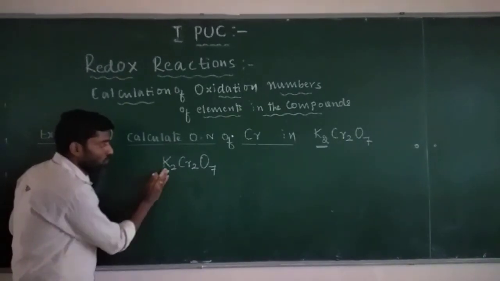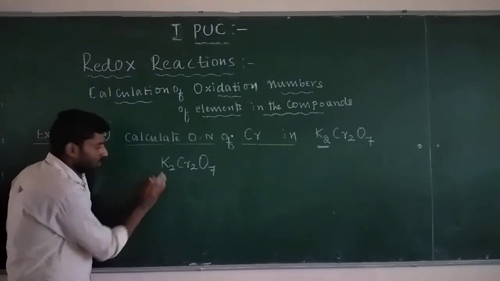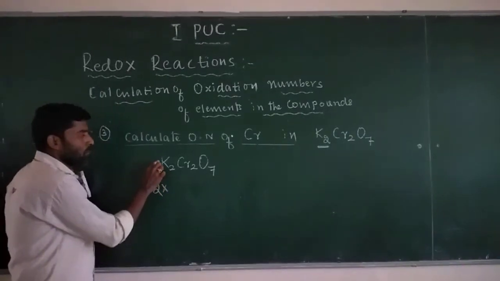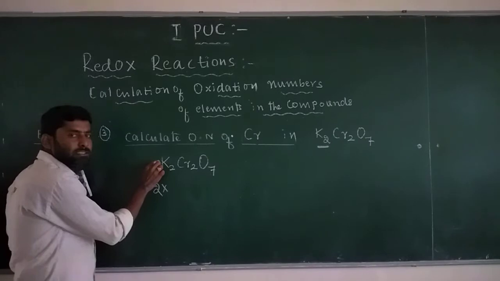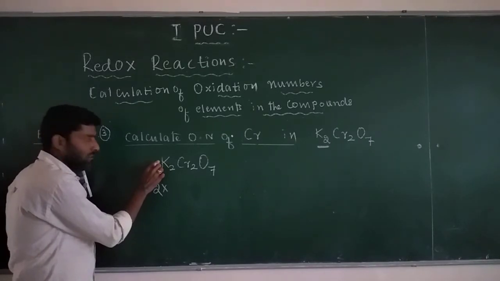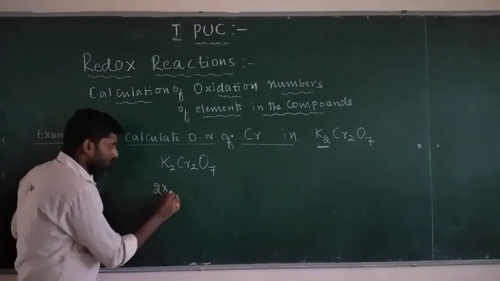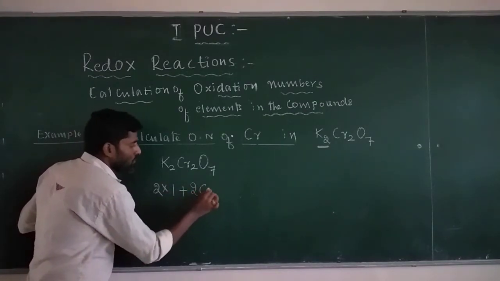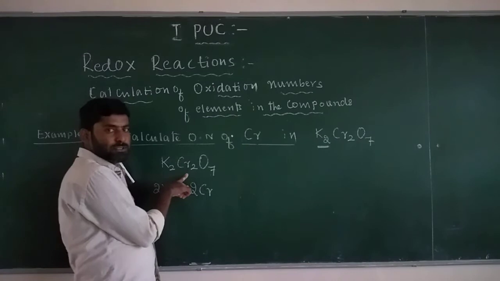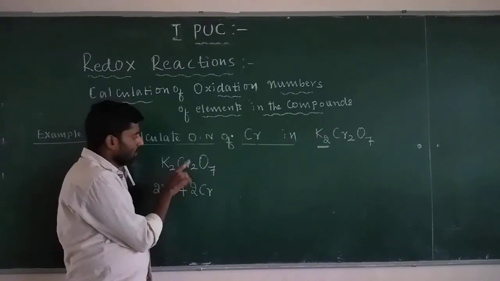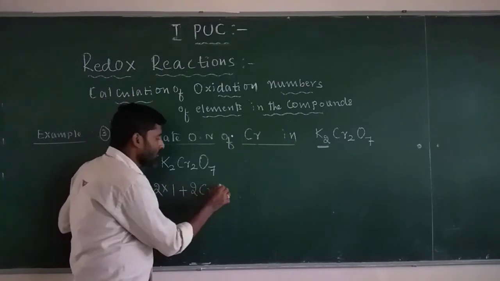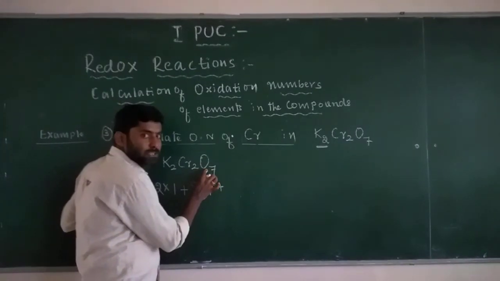So we have 2 potassium atoms. So 2 into potassium 1, the oxidation state of potassium is 1, first group element, plus 2Cr, we have 2 chromium atoms and don't know the Cr oxidation number. So 2Cr plus 7 oxygen atoms are there.